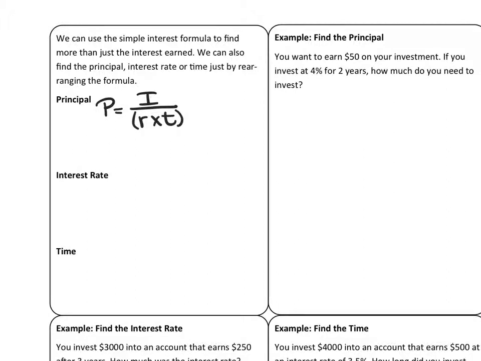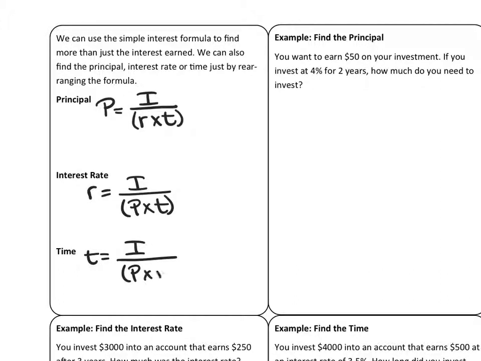The interest rate is our interest earned divided by our principal times the time. And if we want to find the time, same idea, interest earned divided by principal times the interest rate.